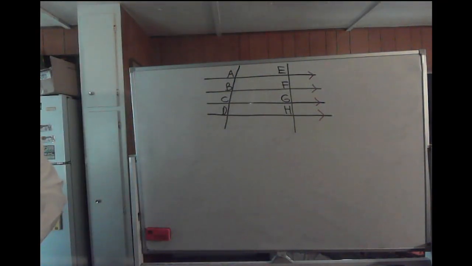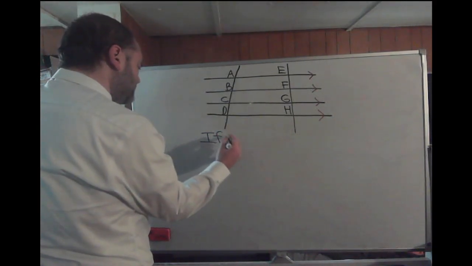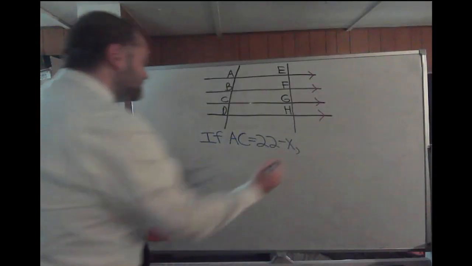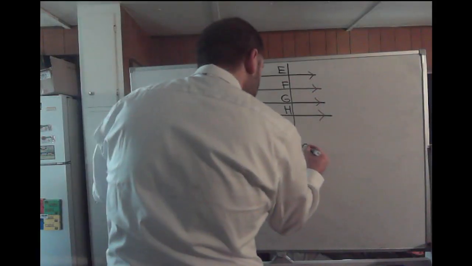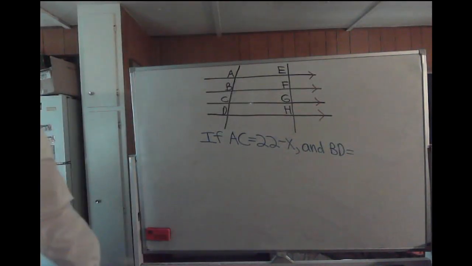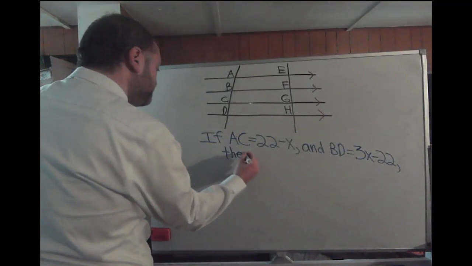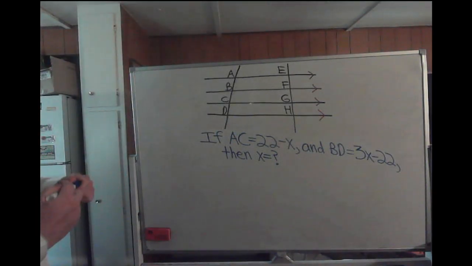All right, what we got here now? If AC equals 22 minus x, and BD equals 3x minus 22, then x equals, okay, so what are we going to do here to solve this, right?